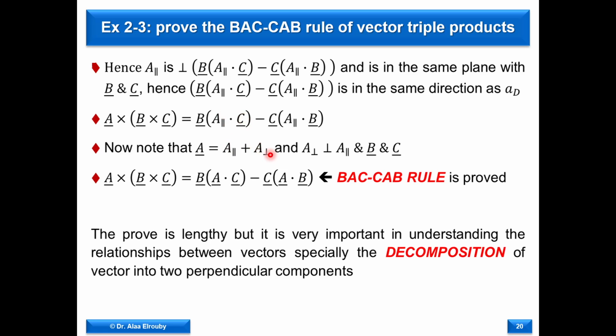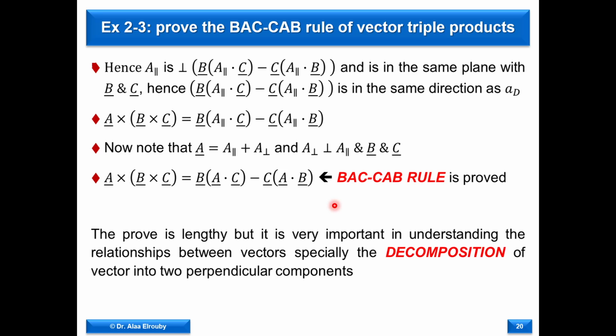The dot product of this component with C, two perpendicular vectors, will be 0. So if we add A normal here, nothing will change, because what we add is 0, since it's perpendicular to C, similar to here. So if we put A parallel or A, it would give us the same result, because the added component is perpendicular to the whole plane, so it's perpendicular to any vector in the plane, so it is perpendicular to C and B. Now we just proved this relationship.